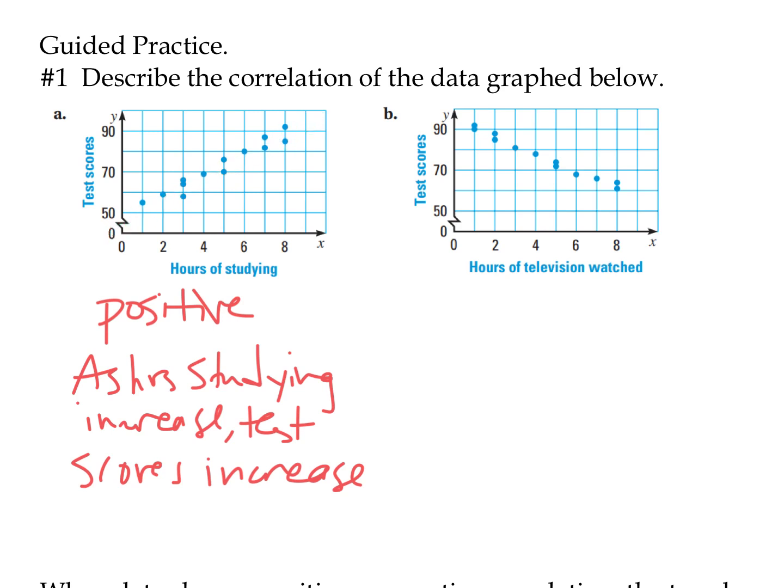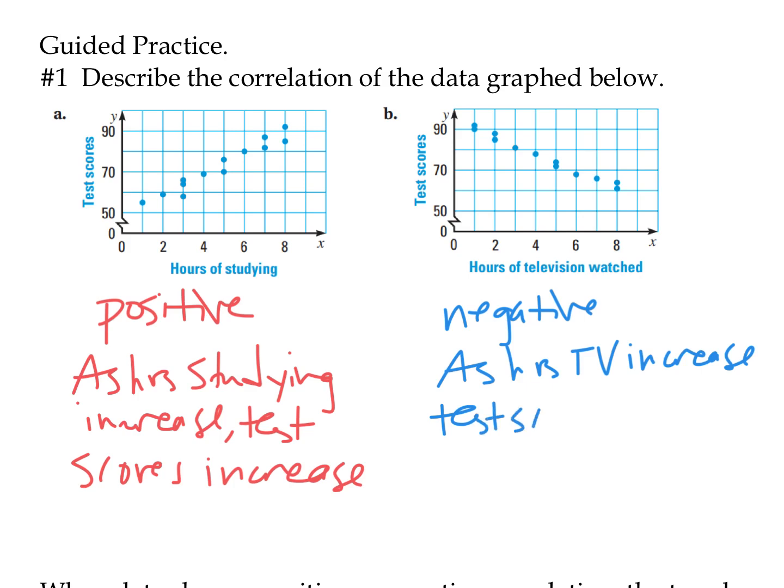Now in this next one, this would have a negative correlation. This would be a negative correlation because as hours of TV increase, as the x increases, I always start with what's happening as the x increases. So as hours of television increase, test scores decrease.